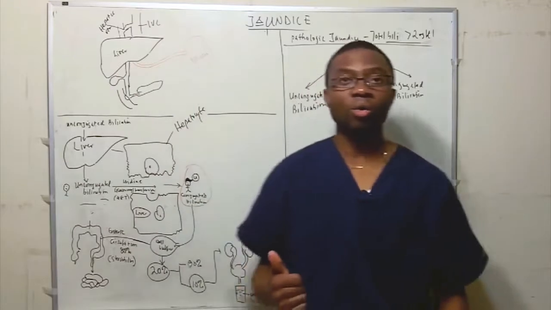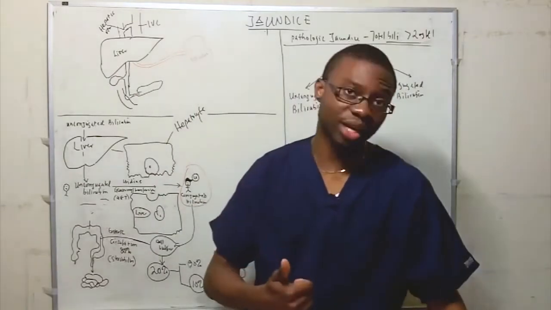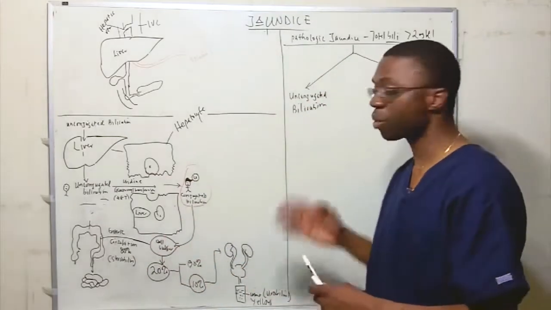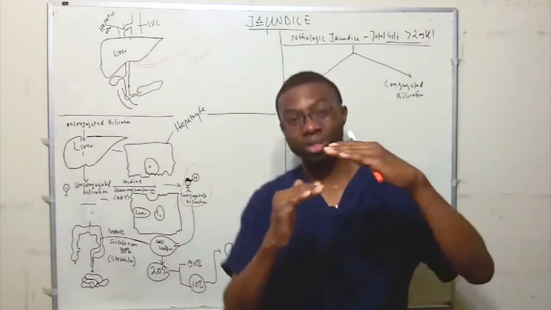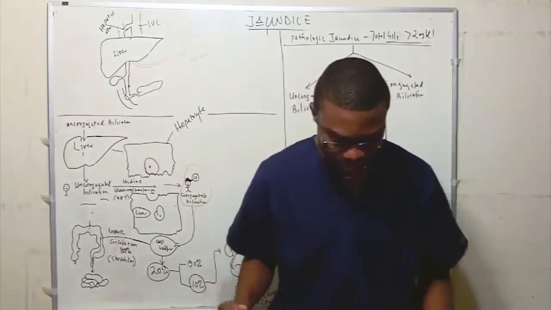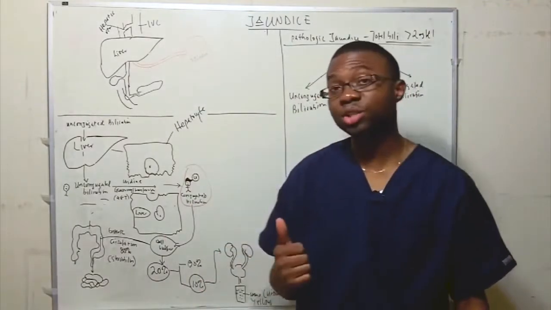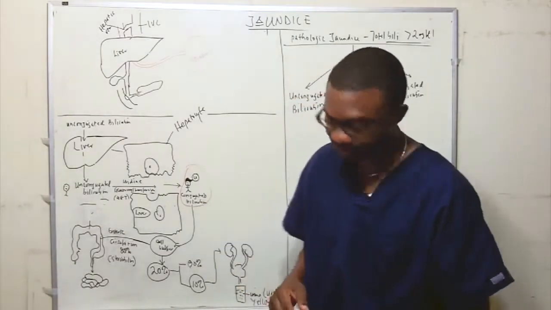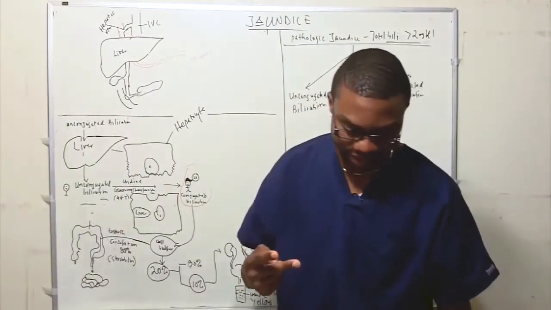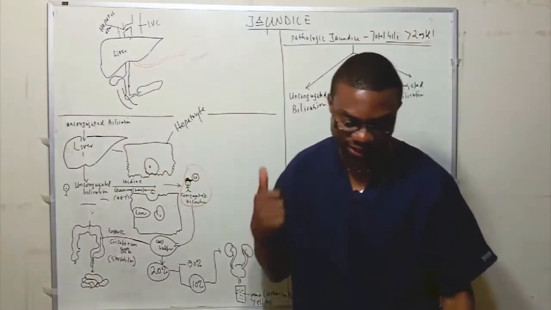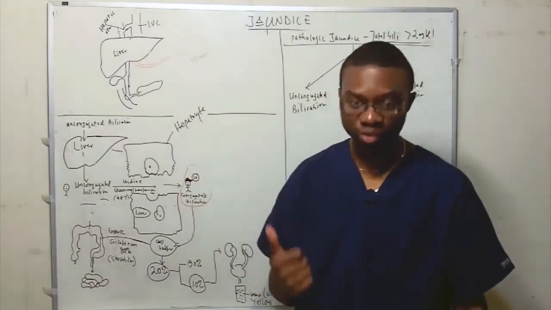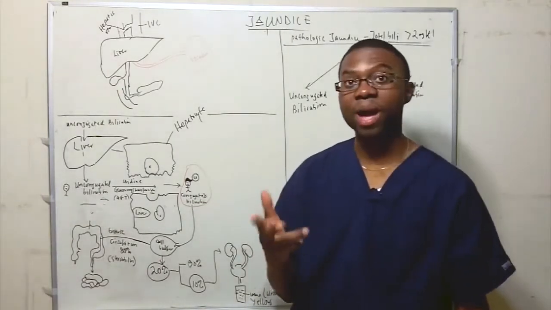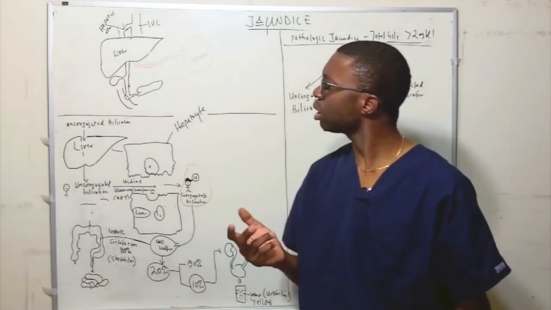Now, we need to know what causes conjugated versus unconjugated bilirubin. And usually when we get to the labs, I'll talk about what it looks like and how you calculate things. So, when the urine is positive for bilirubin and it is conjugated, if it's conjugated, it can be caused by a decreased intrahepatic excretion of bilirubin or an extrahepatic biliary obstruction.